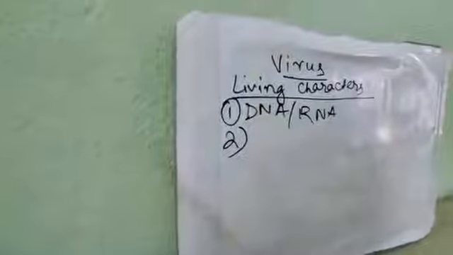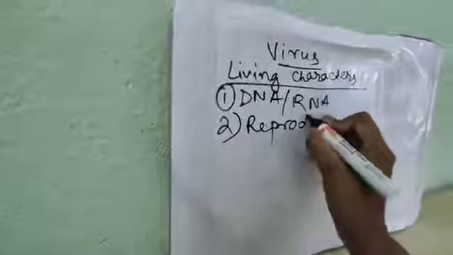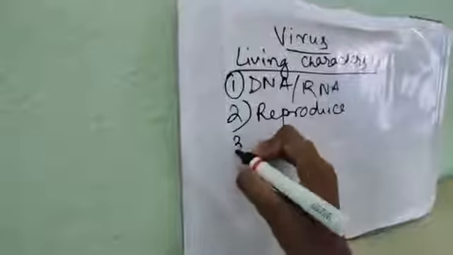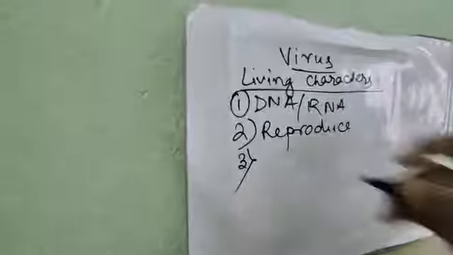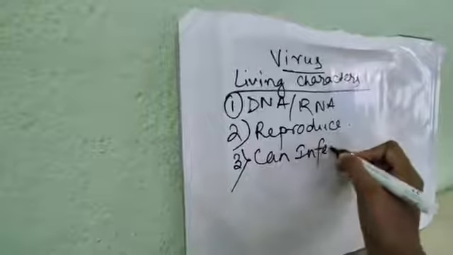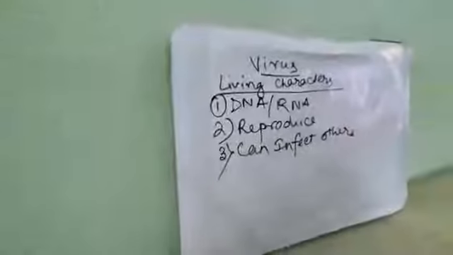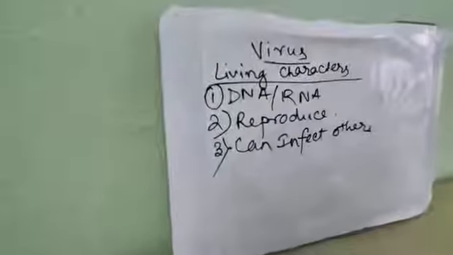Number 2, it can reproduce within the host cell, as I said previously. Number 3, it can infect other living organisms. So depending on these 3 characteristics, we can say yes, they are living characters.